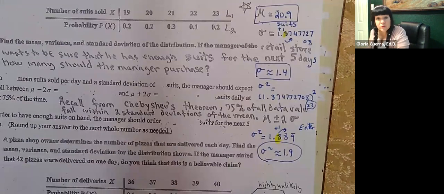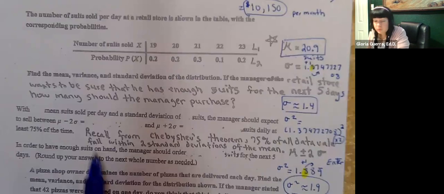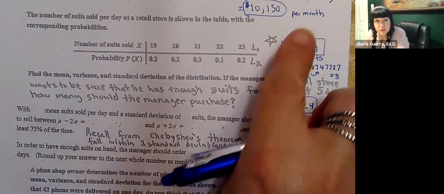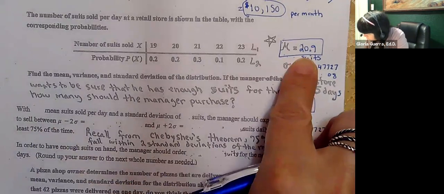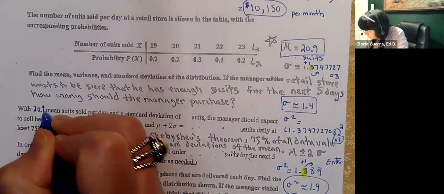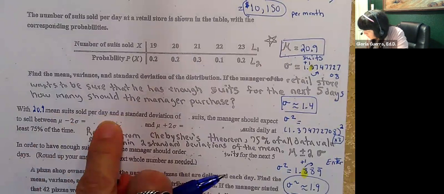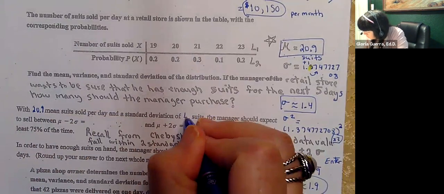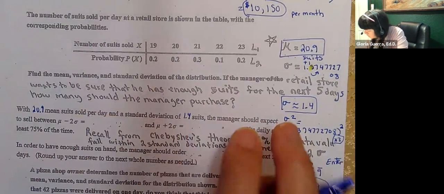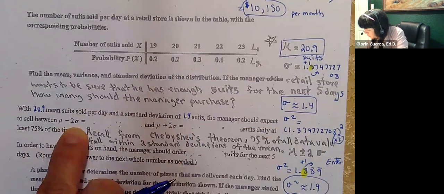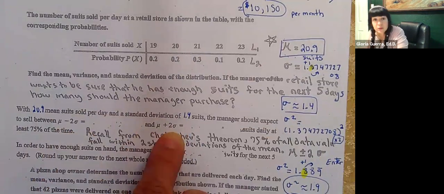Now to answer the question, we have a 20.9 mean suits per day and a standard deviation of 1.4 suits. The manager should expect to sell between mu minus 2 times sigma and mu plus 2 times sigma.